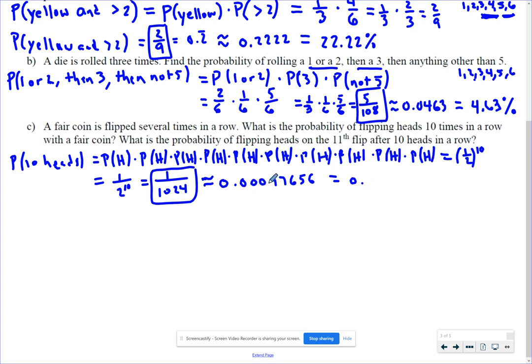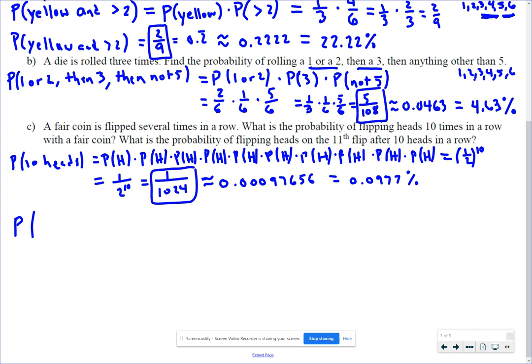Decimal has to move 2 places to the right, so 0.0977%. That's really small.